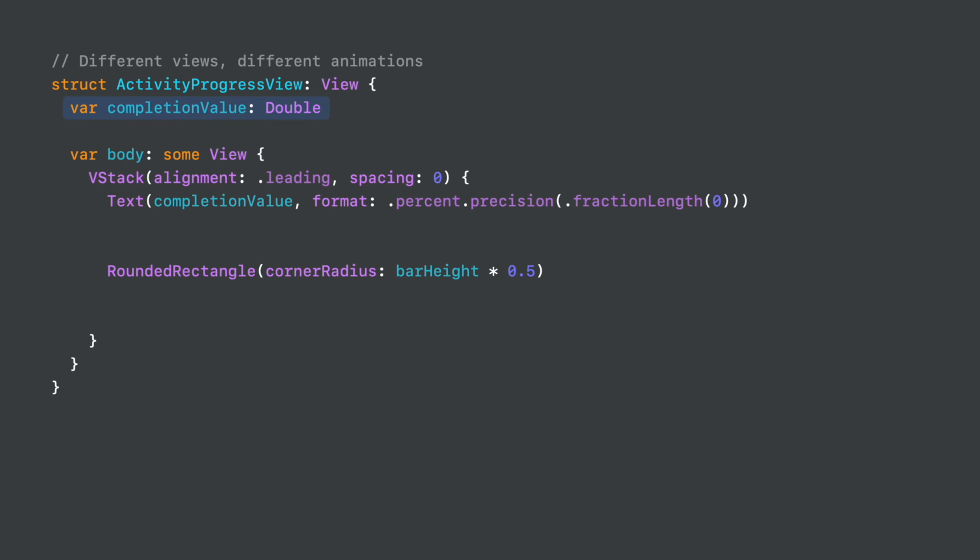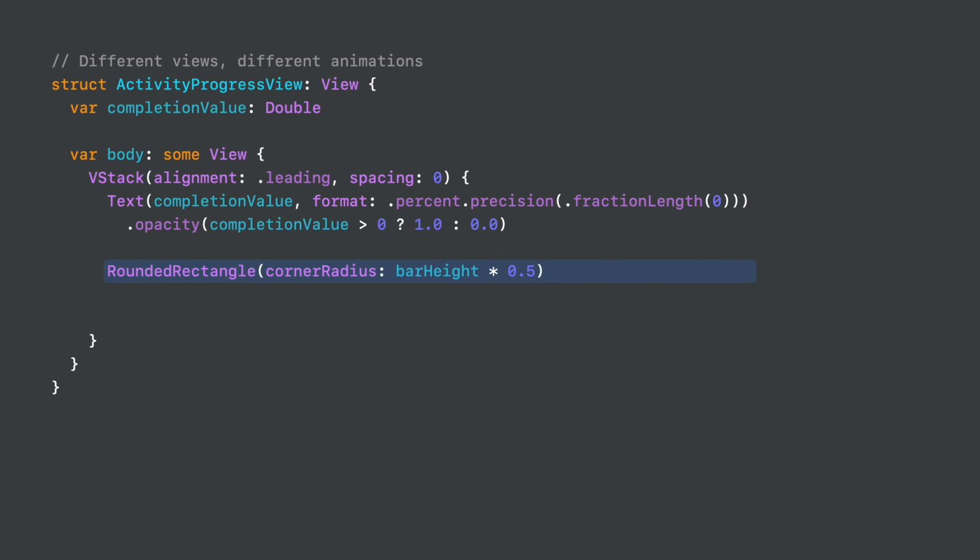I'm going to leave out a few styling modifiers, plus the subtitle, to focus on the animations. Activity progress view takes a completion value property between 0 and 1, describing the %complete. A text view with formatting renders the completion percentage. This opacity modifier hides the text when the completion value is 0.